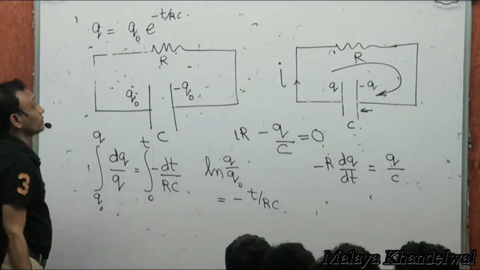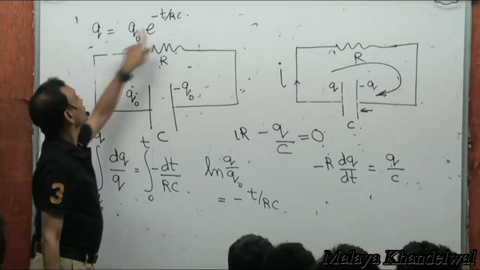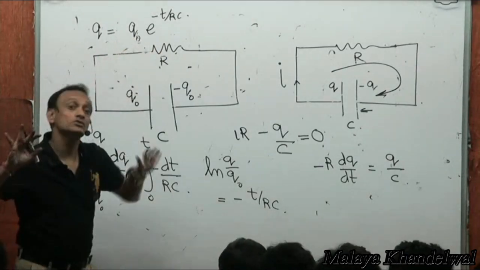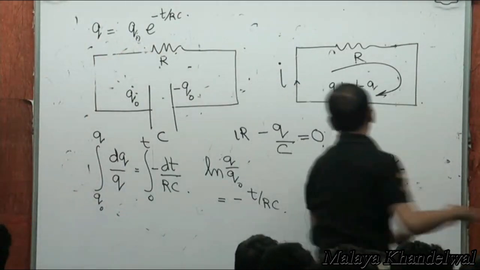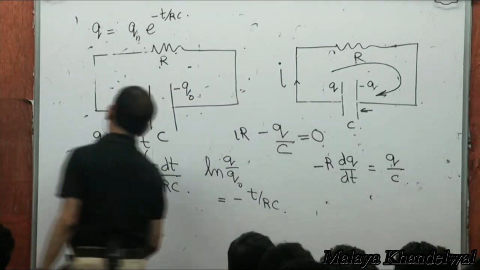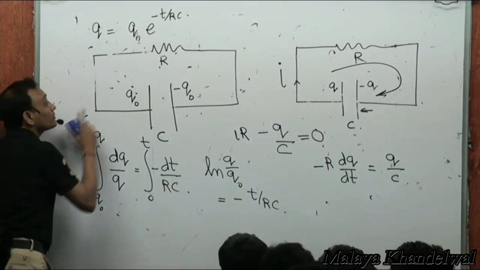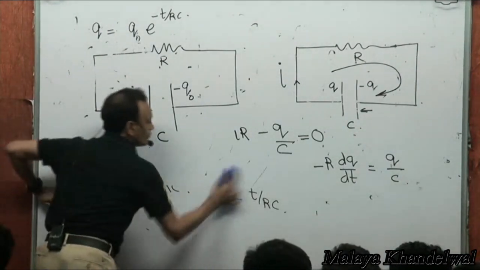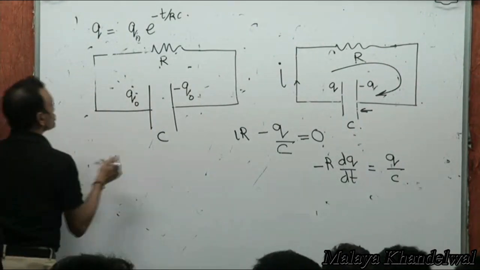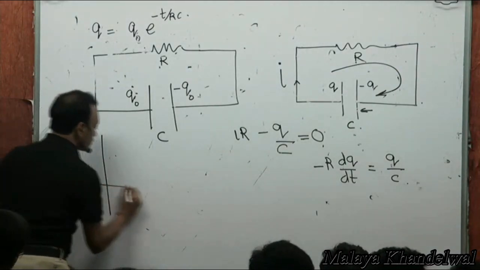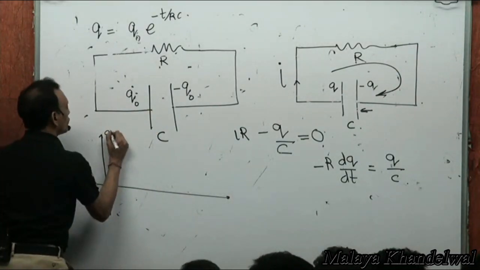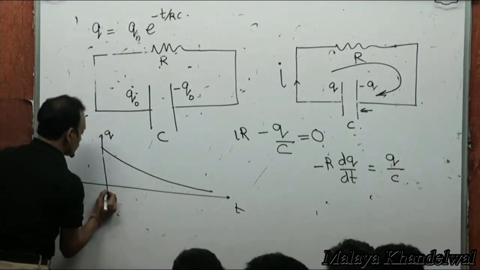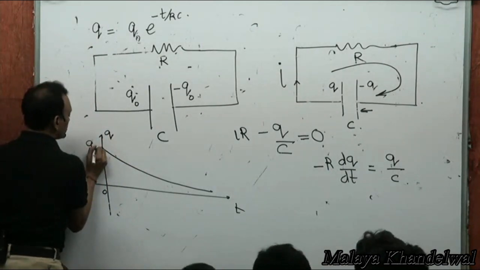Right? So at t equal to infinity, q becomes 0. Q decreases exponentially, which is good for the circuit. The circuit would be less vulnerable towards losses, towards physical damage. The charge time characteristics. At t equal to 0, we had q equal to q naught.